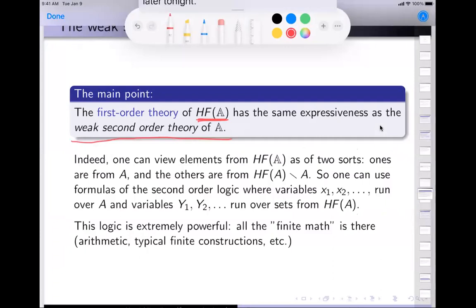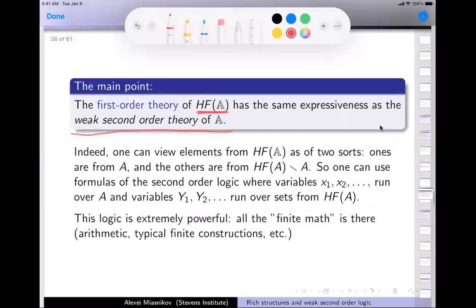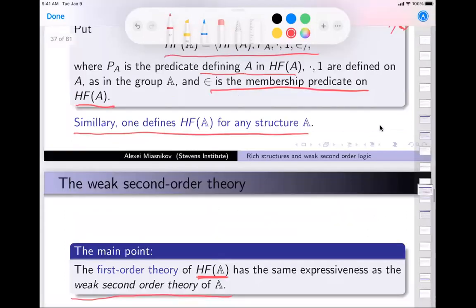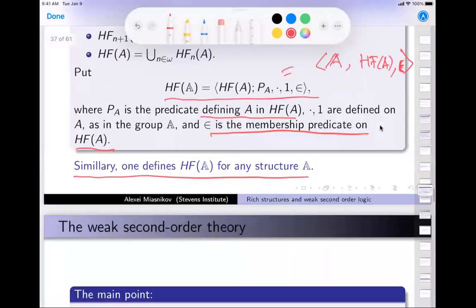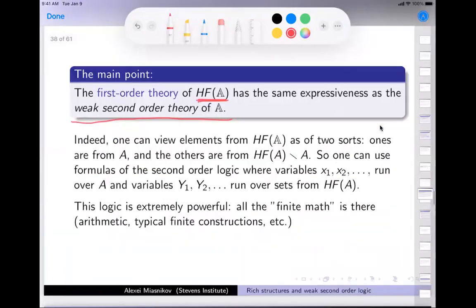Okay, now I will make it a little bit more precise. In the two-sorted structure, you might have two sorts of variables: x1, ..., xn, which run over A, and capital Y1, capital Y2, which run over the subsets.